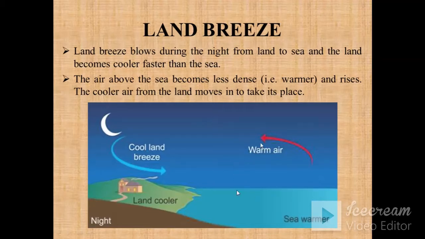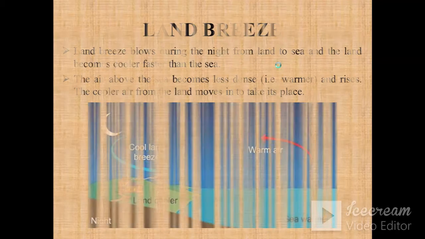So warmer air from the sea rises and the cooler air from the land takes the place of warmer air, and hence the cooling is caused. So this is how the land breeze is formed. And always remember, land breeze blows during the night from land to sea.